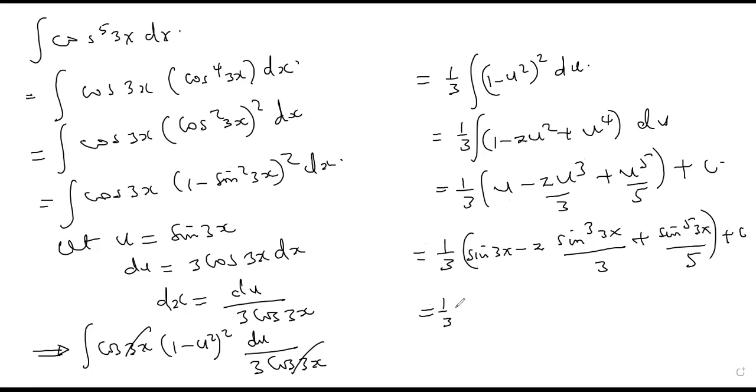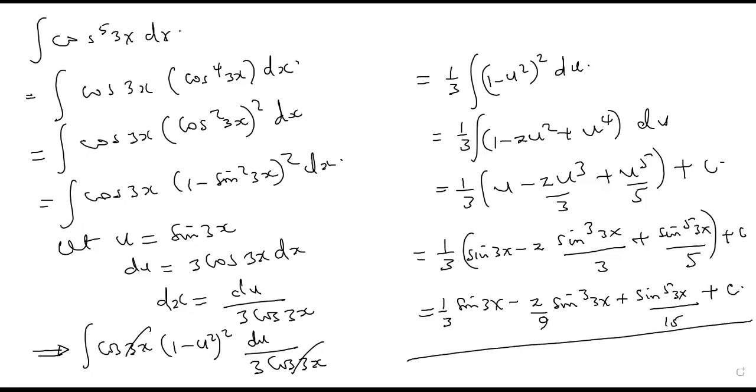Multiplying inside, it will be a third sine 3x minus 2 out of 9, because it will multiply here, but then sine cubed 3x plus sine 5 3x over, if you multiply with the 5, it becomes 15, plus a constant of integration. As simple as that. I feel like doing more, but let me do one more.